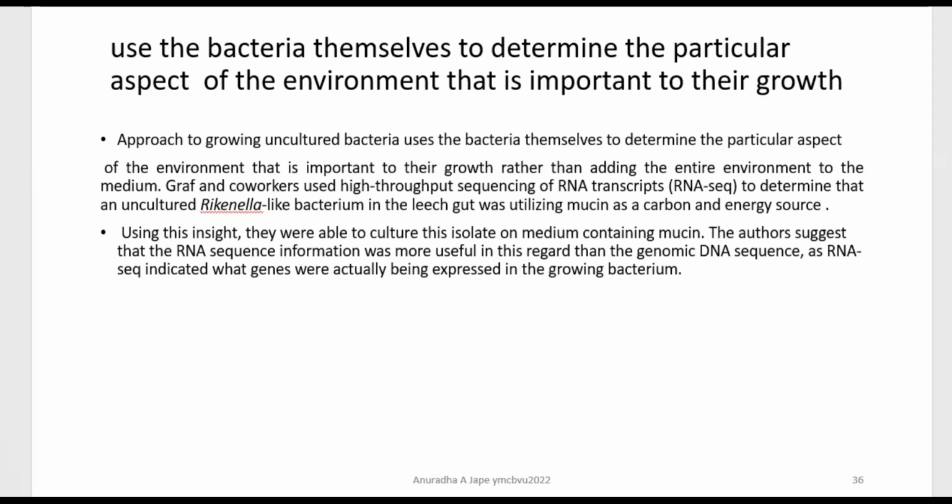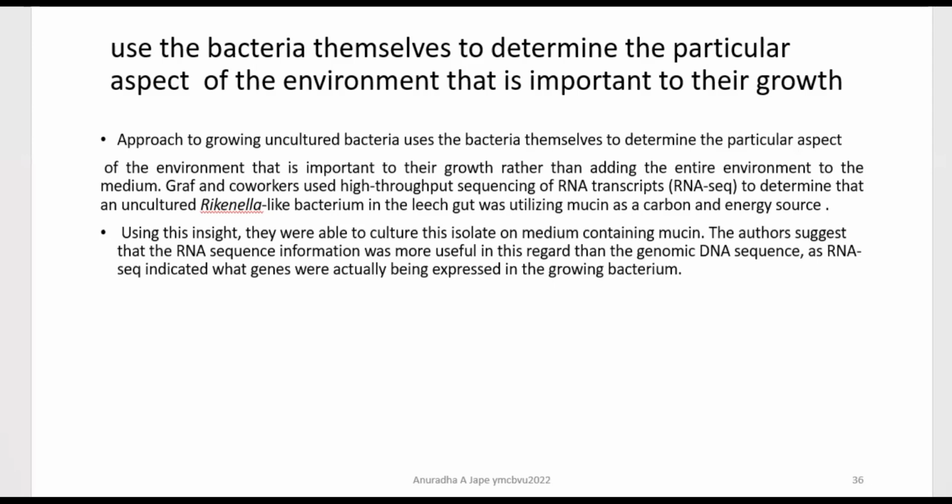This is again an example of an environment with a diverse microbial flora, and many remained uncultured for a long time. But this story talks about the use of the mucin in the gut of this leech as the carbon and energy source for the once uncultured Rickenella-like bacteria.